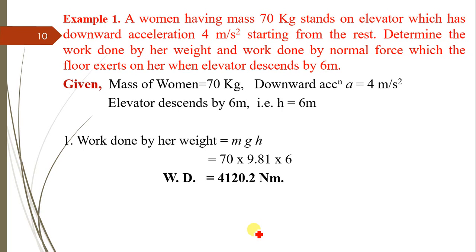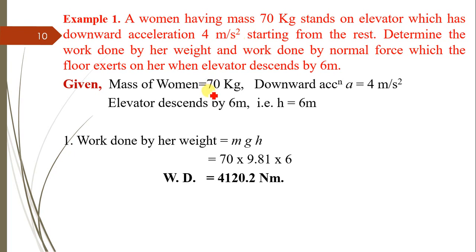Now, based on whatever we have studied up till now, let's solve some problems to find the work done, the forces, or other required parameters using the work energy principle as well as the work done. First example: a woman having a mass of 70 kg stands on an elevator which has a downward acceleration of 4 meter per second square.